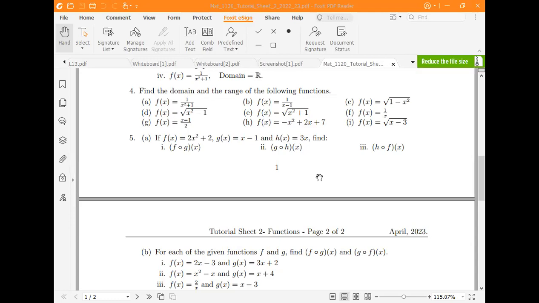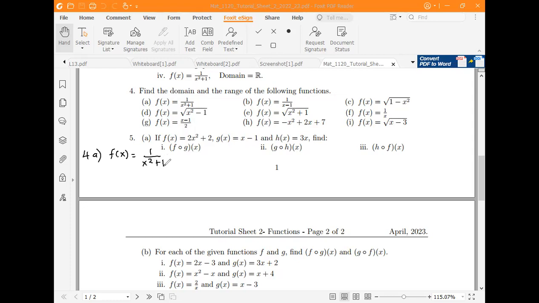So we go to question 4. Find the domain and the range of the following functions. The first one, function A, f of x is equal to 1 over x squared plus 1.